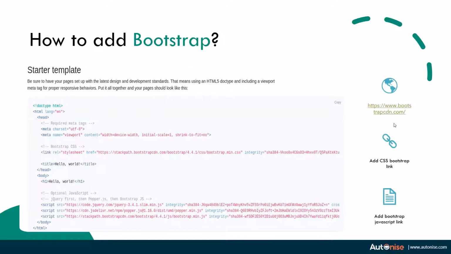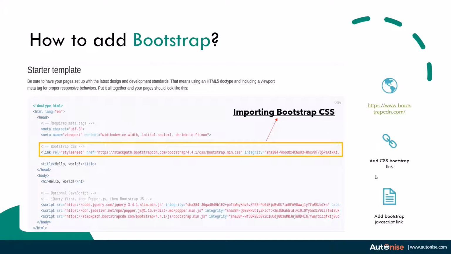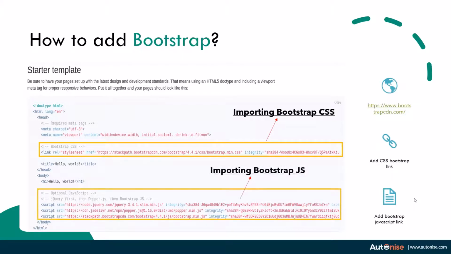Next, we copy the links which are already present over there for the CSS library and then we paste it over here. Next, we import the Bootstrap JavaScript link and we place them inside the body. So this is how we import Bootstrap.